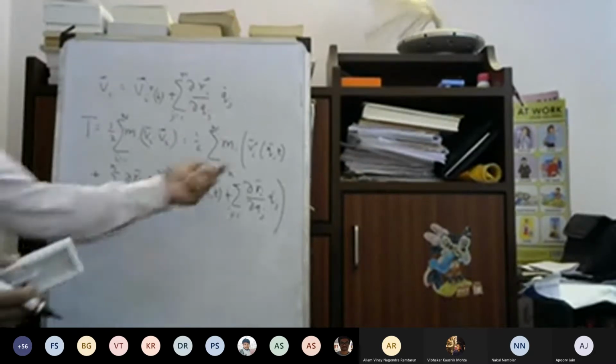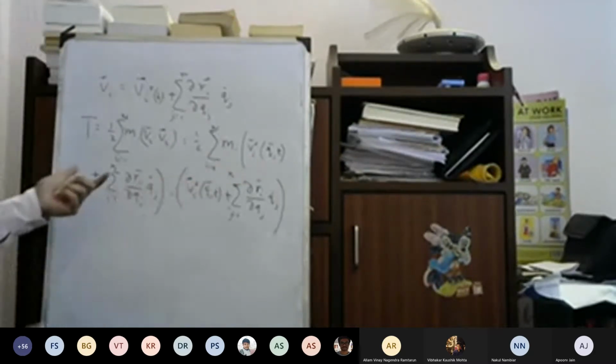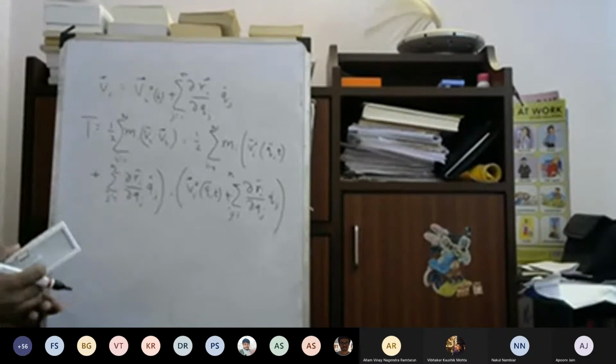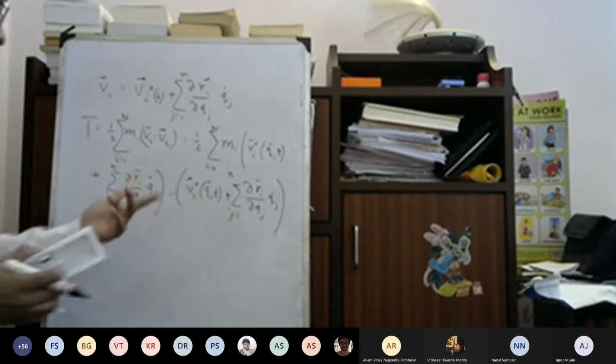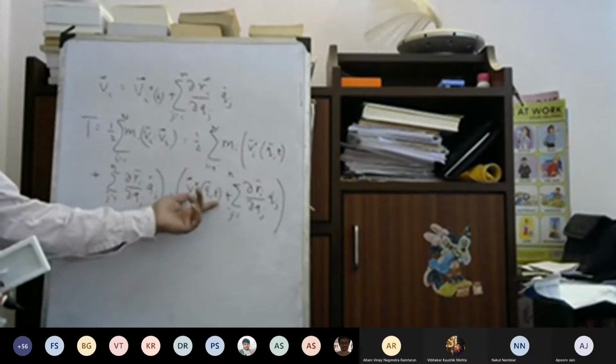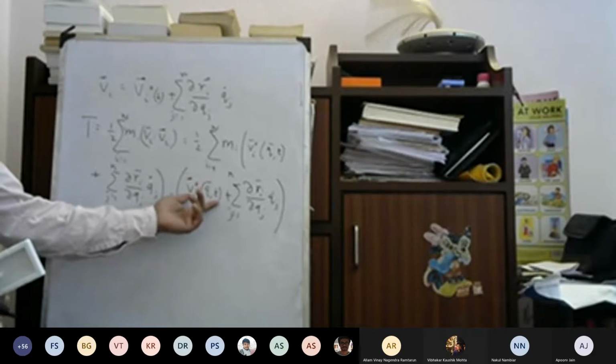Now what we'll have to do is take the dot product. In the dot product, what will come is the vi naught dot vi naught term, which is actually a function of q.